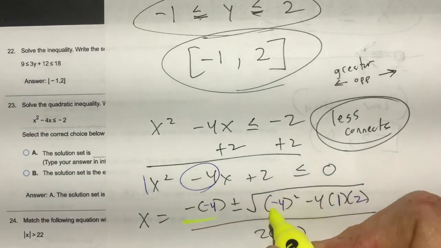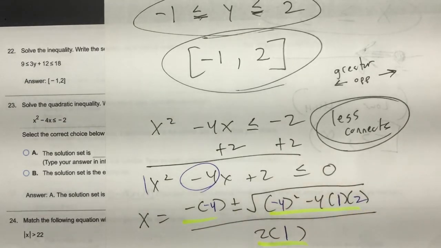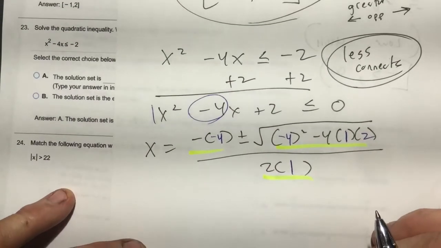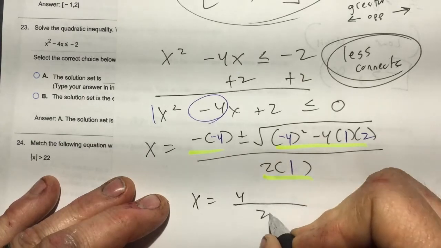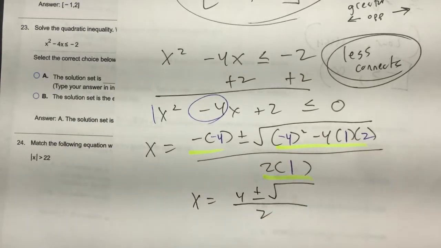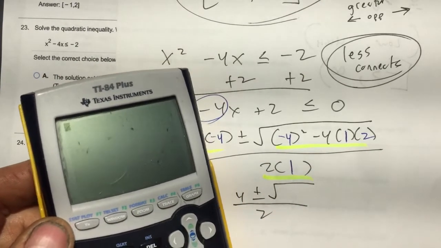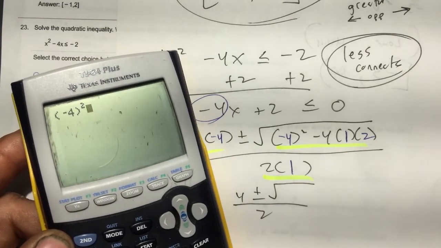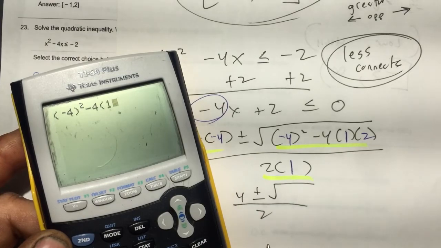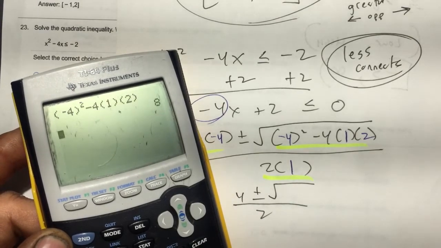And so we have 1, 2, 3 things to do here. Okay, so that's going to be x equals a positive 4. Down here I got 2. In my radical, let's see here. Let's punch this in. Negative 4 in parentheses squared minus 4 times 1 times 2, 8.